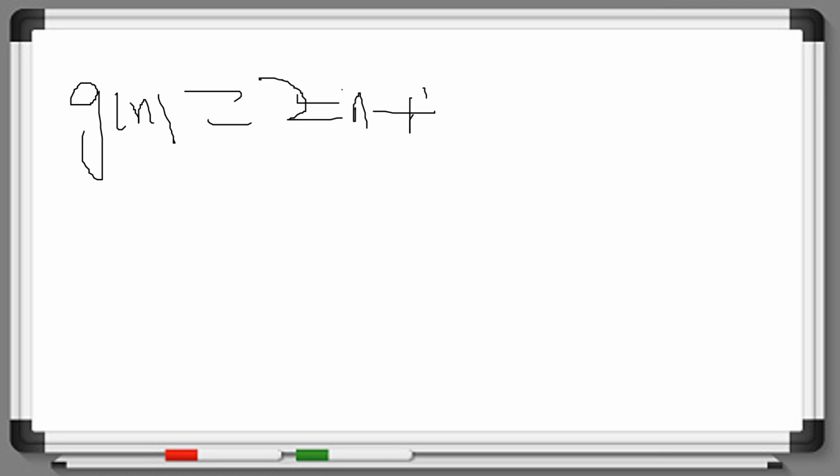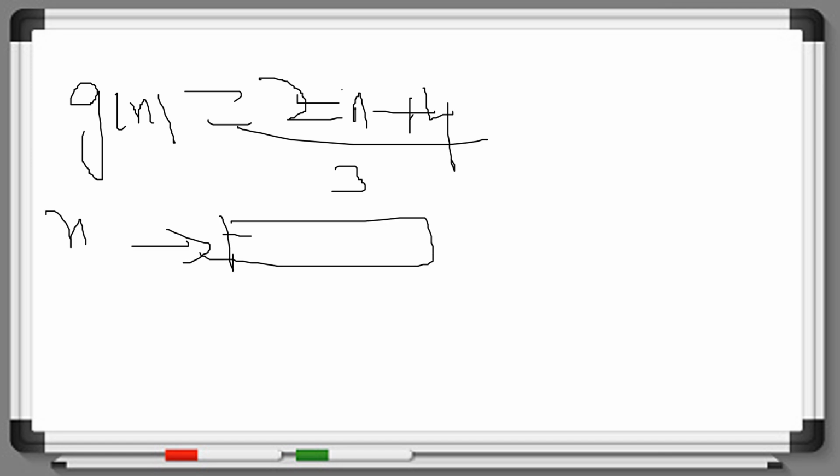plus 4 by 3. So first what I have taken, I have taken x, then in this I multiply by 2, so it becomes 2x.